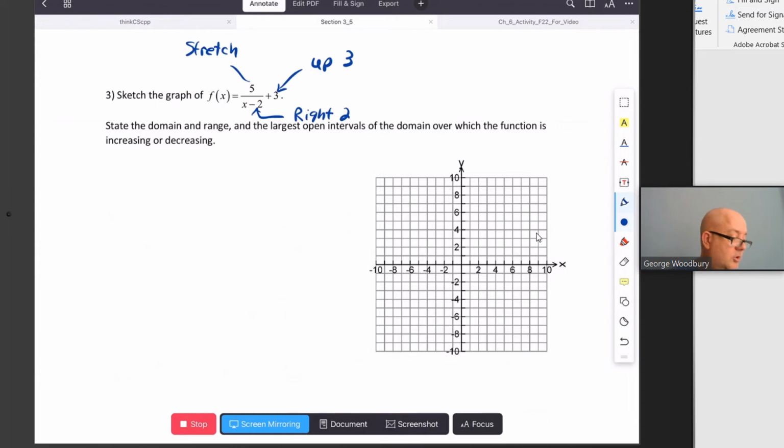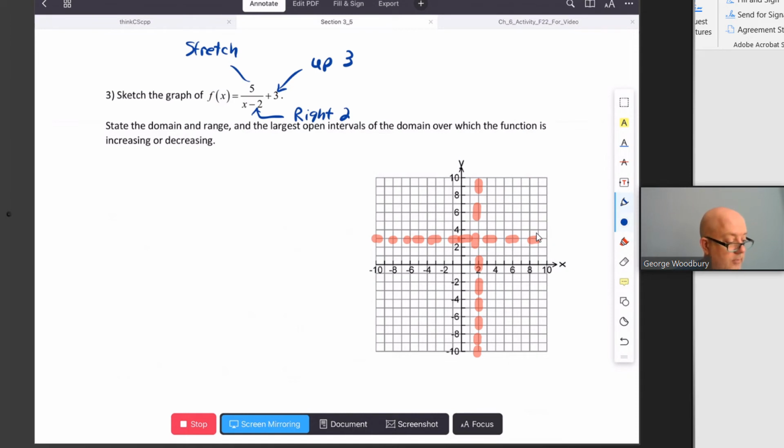So the first thing I'm going to do is draw my new asymptotes. I'm going to move 2 to the right from the x-axis, like so. And then the horizontal asymptote, that's going to get shifted up by 3 units, like that.